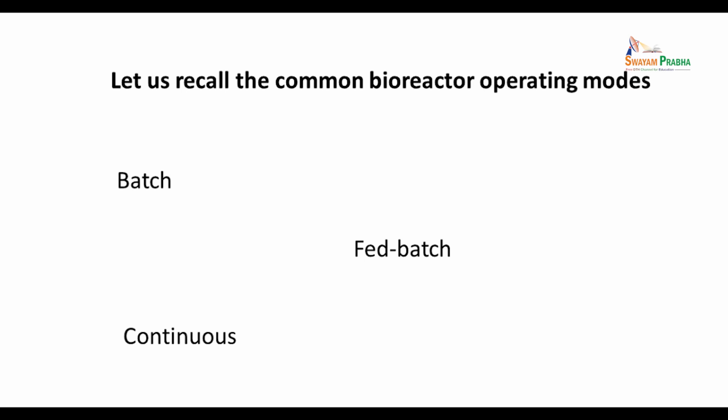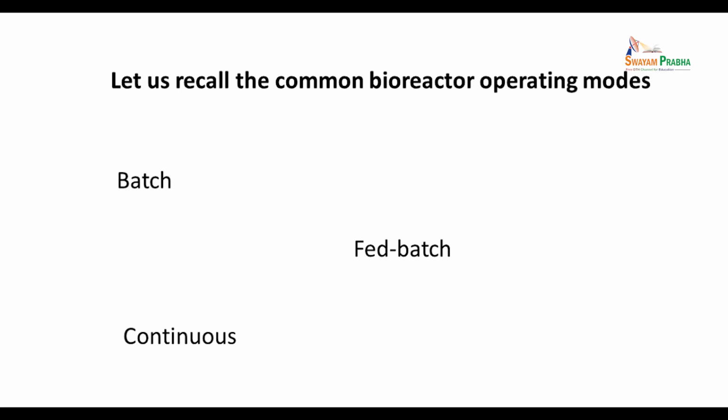As long as it is not continuous in and continuous out simultaneously, any other combination is called a fed batch. These are the three common bioreactor operating modes: the batch, the continuous, and the fed batch.